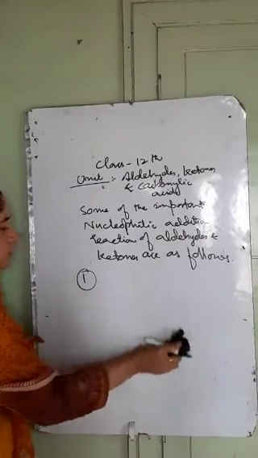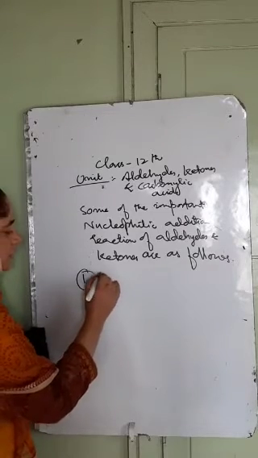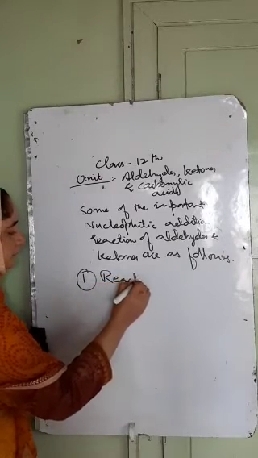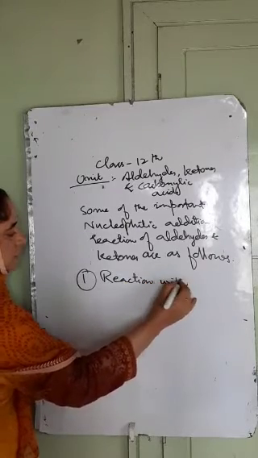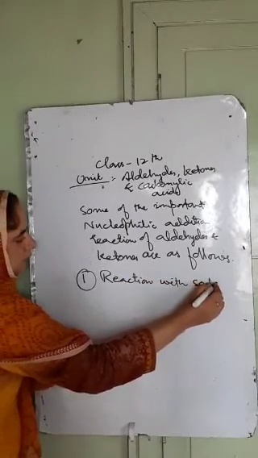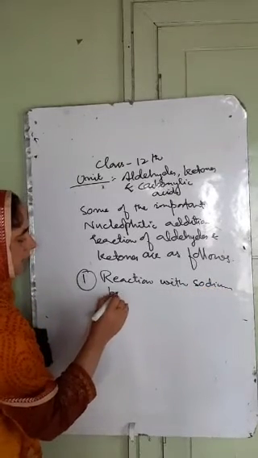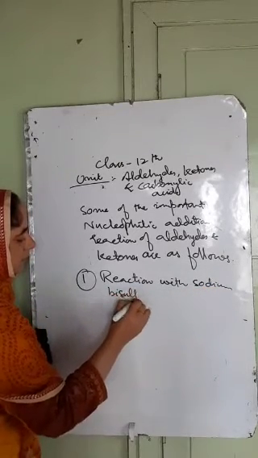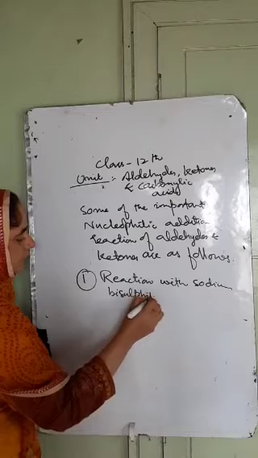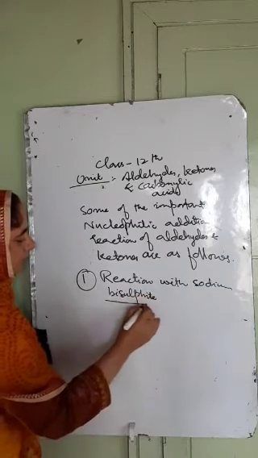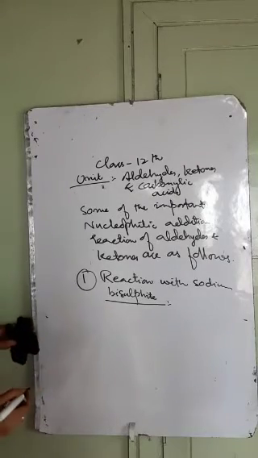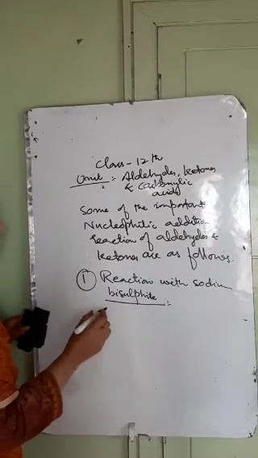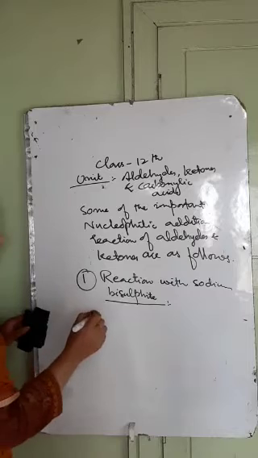So the first reaction is reaction with sodium bisulfite. When aldehydes and ketones react with sodium bisulfite, the sodium bisulfite addition product is formed.